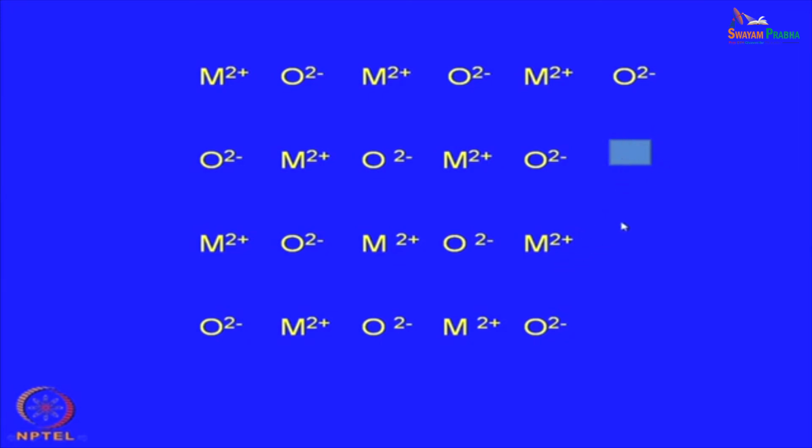We need not consider these two unless another metal or oxygen has been added there. However, we have to consider this one 1:1. That means, if you have created one oxygen lattice site, you have to create a metal lattice site also, but since the metal is actually not there in reality, that has to be considered as a vacancy.